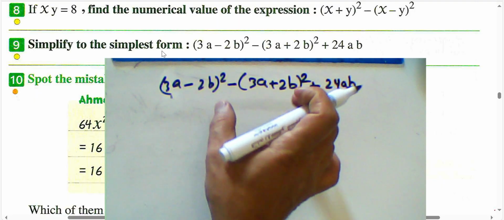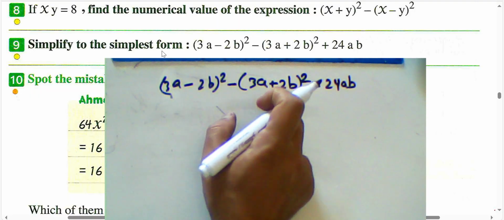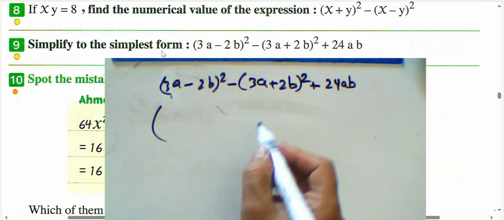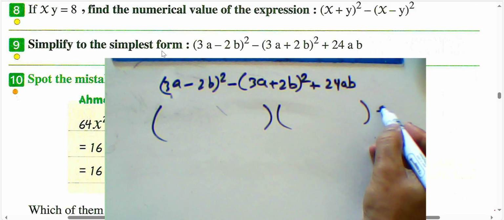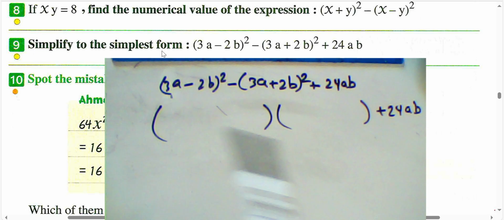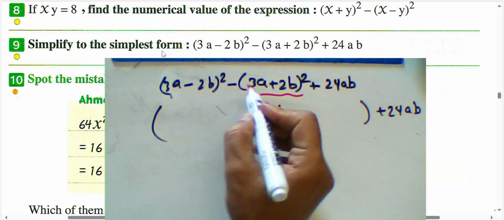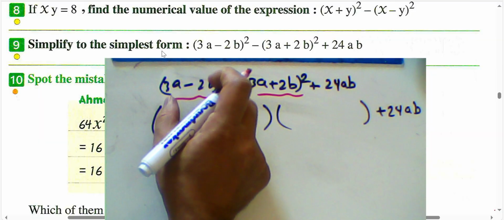We can factorize the expression, as we have here two differences between two squares. Then we can open brackets and also brackets plus 24ab. We can factorize this expression. Pay attention to this. We have first and second. We can repeat this expression here and here.